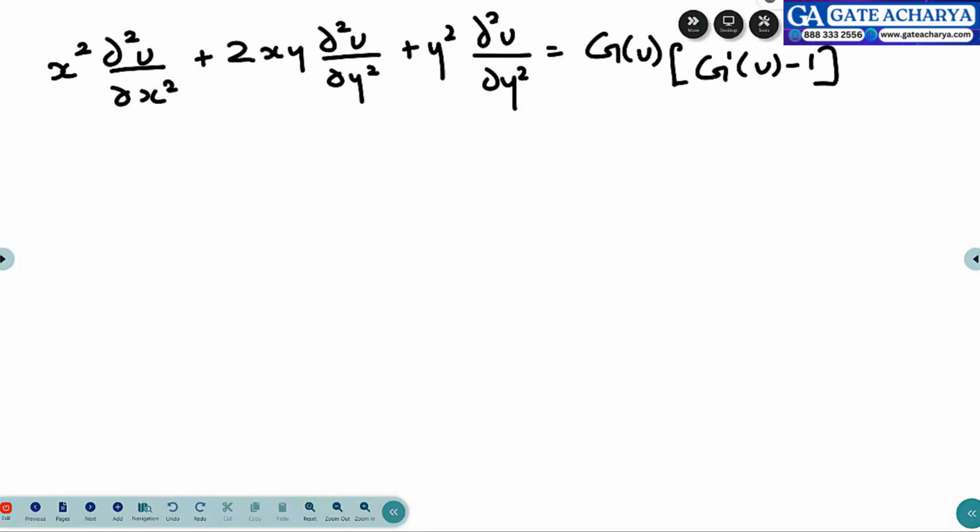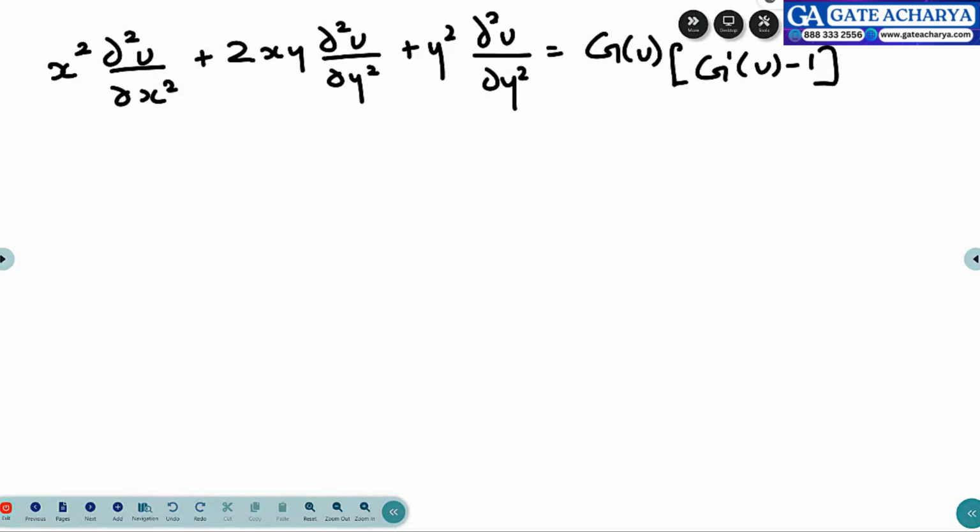Quite easy, right? Corollary 1. Next, corollary number 2. There are two corollaries. Write like this.